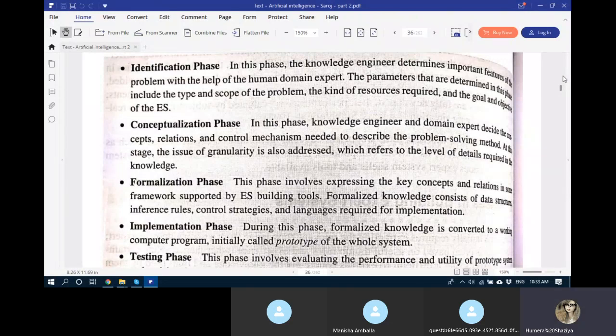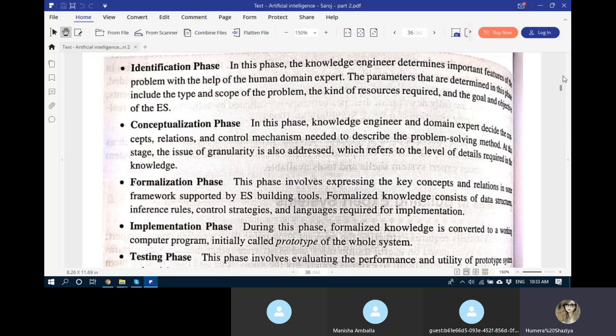So what happens is, after you get the idea about what you are building, you need to express that whole idea in the representation which is supported by the tools. It can be a programming language, it can be a database system, whatever tools you are using to create an expert system.